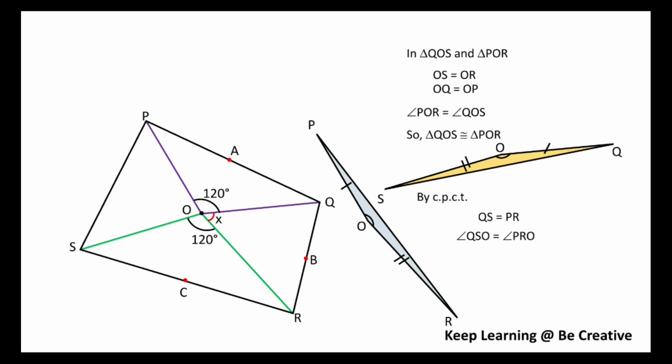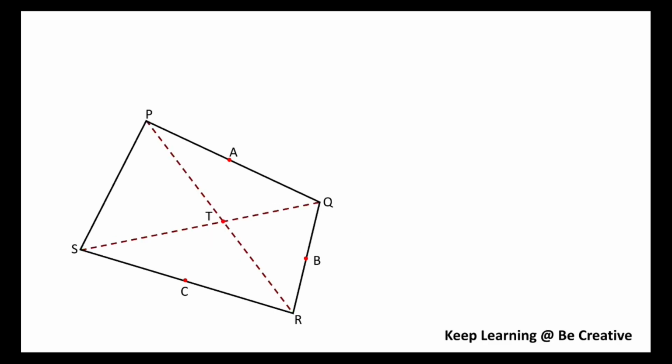So we have proved these two triangles congruent, and so PR equals SQ in this quadrilateral. That means the diagonals of this quadrilateral are equal, and we have assumed that these two diagonals intersect at point T.